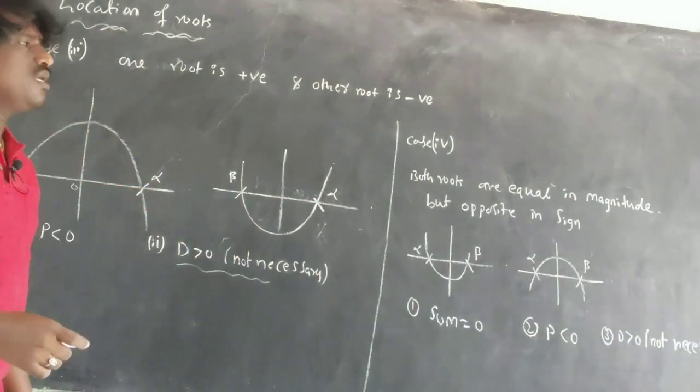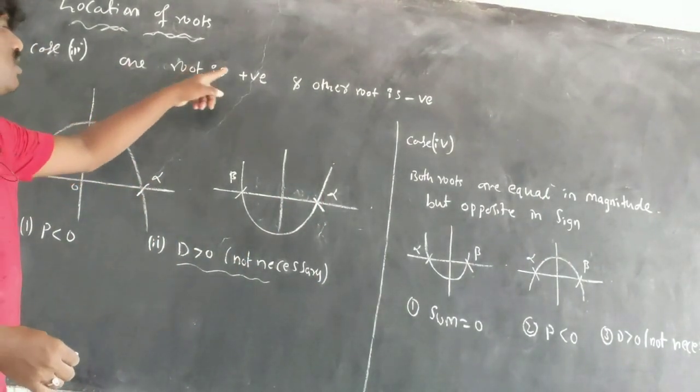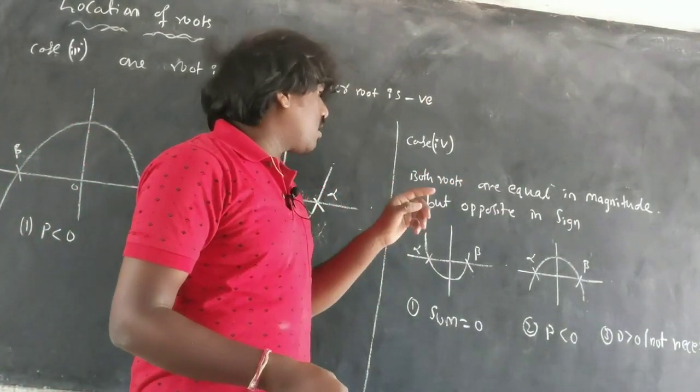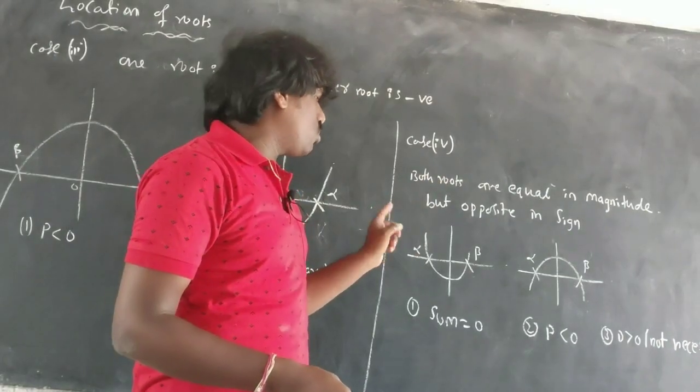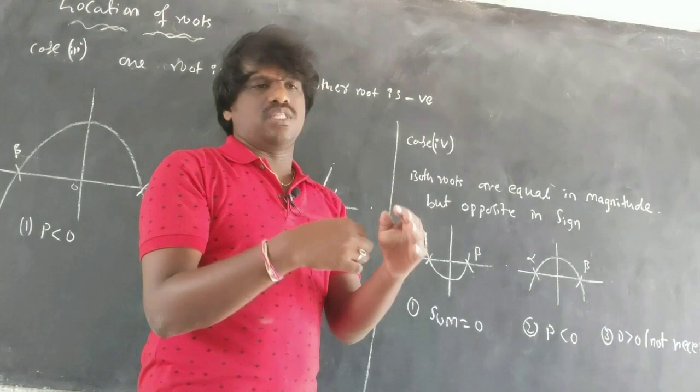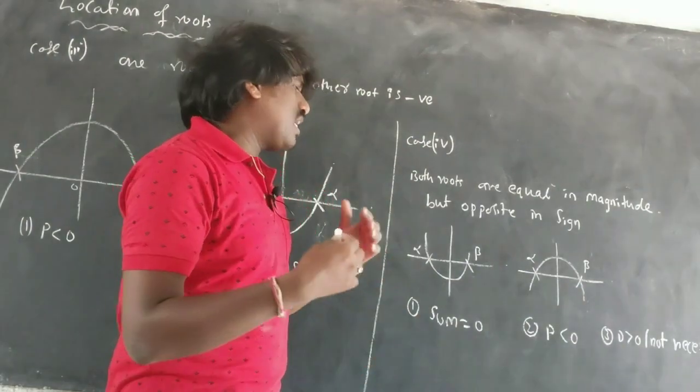Okay, now another case: one root is positive, one root is negative, and both roots are equal in magnitude, opposite in sign. So what happens in that case?